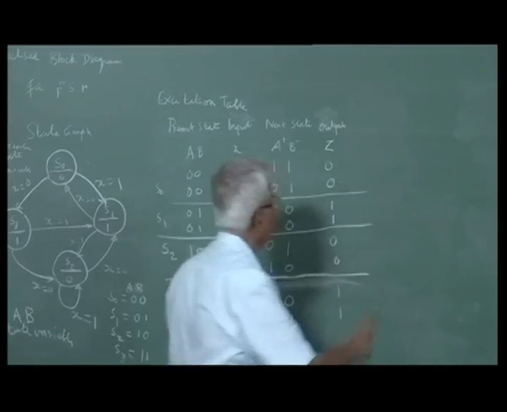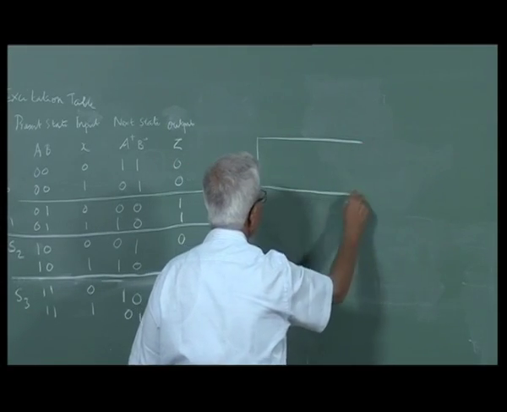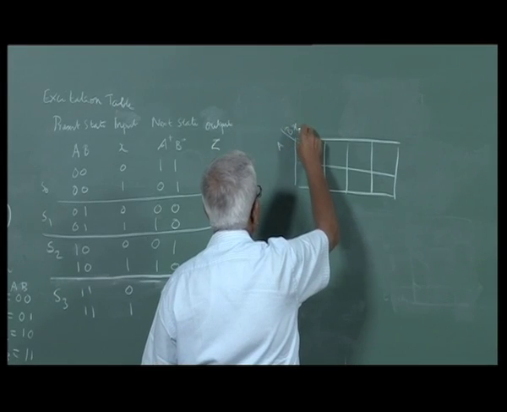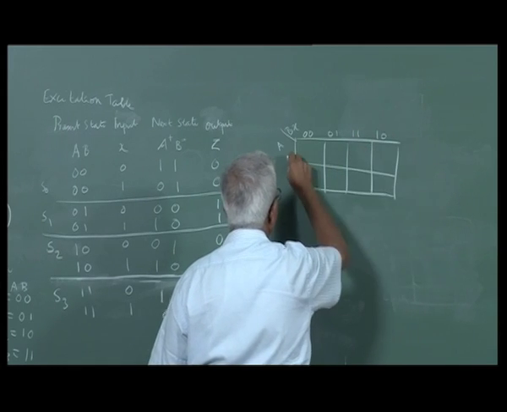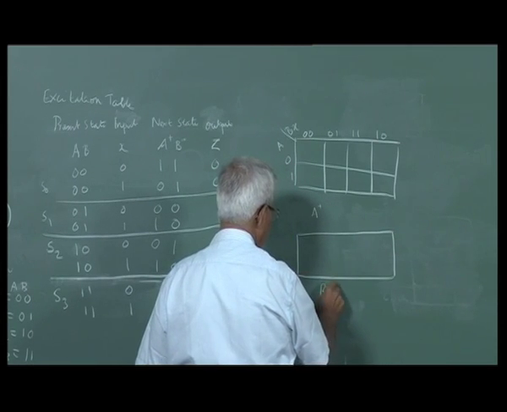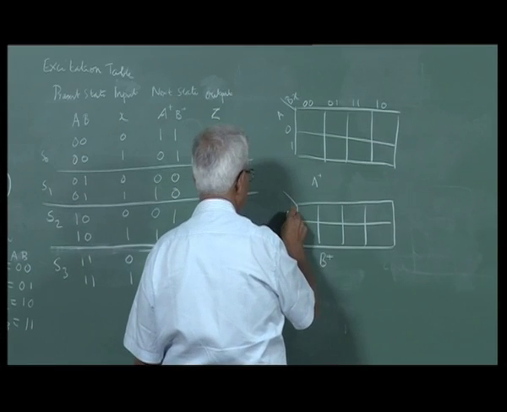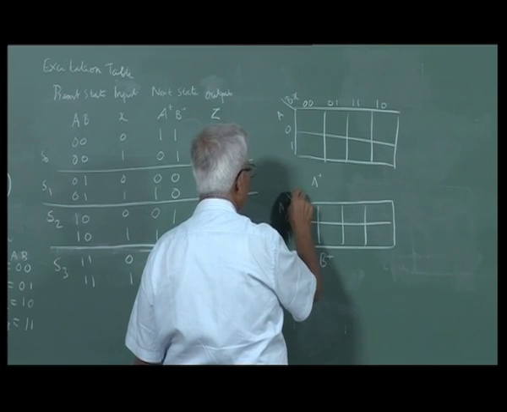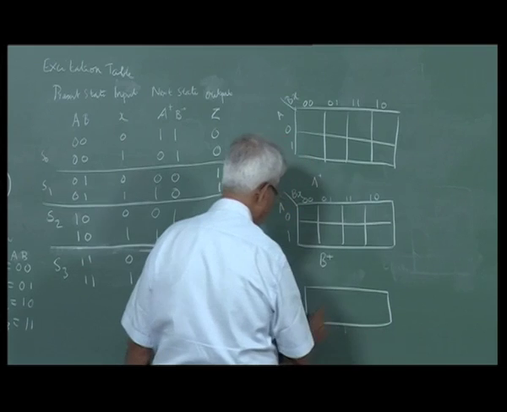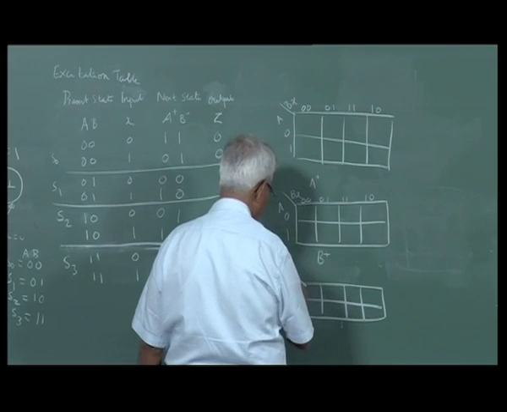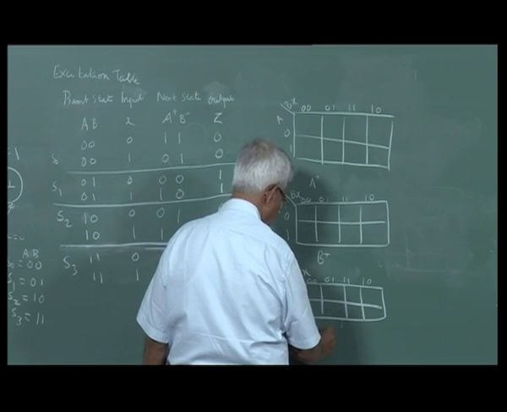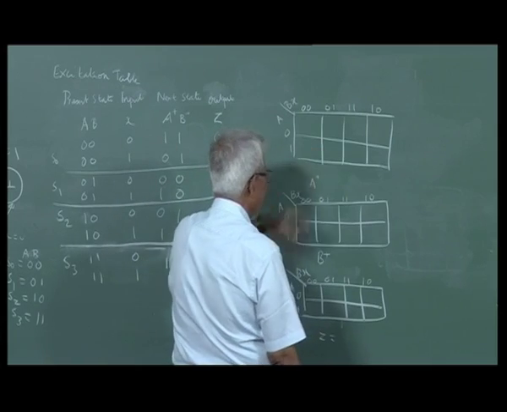So I need to draw three maps: A plus map, B plus map, and Z map or C map, with variables A, B, X. Fill in these values from this table here and then you get this design.